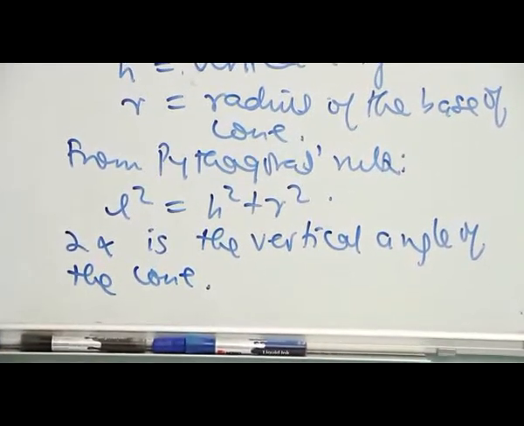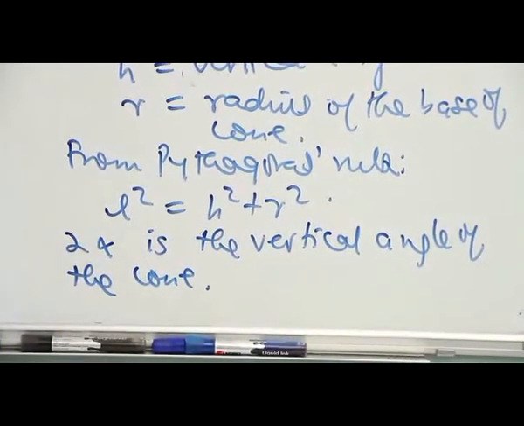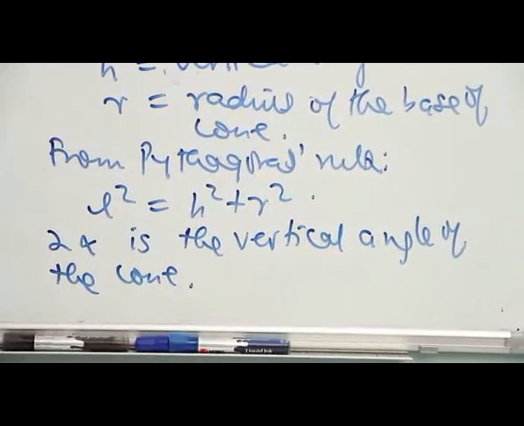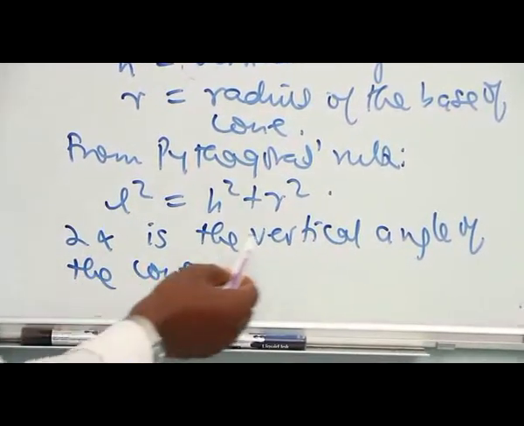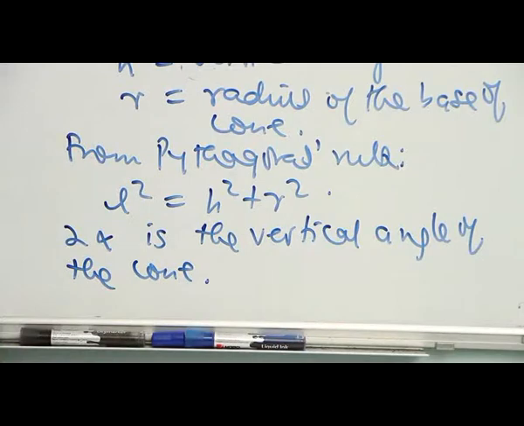Take note that theta and 2 alpha are not equal. So now that we know 2 alpha is the vertical angle of the cone, we may be required to find the value of alpha, or the vertical angle, given some information.